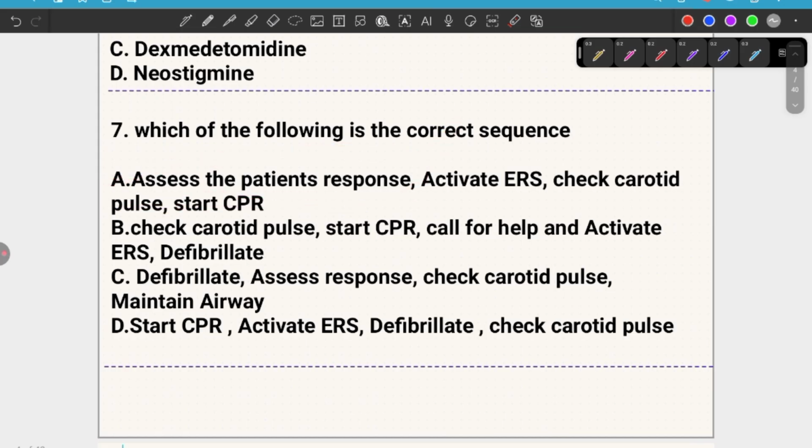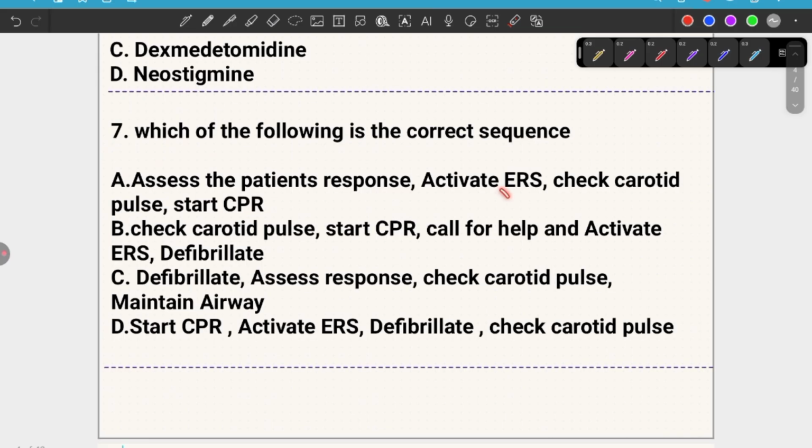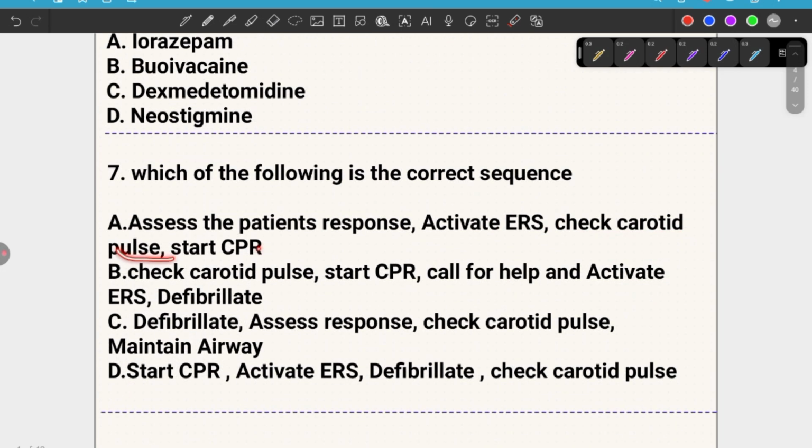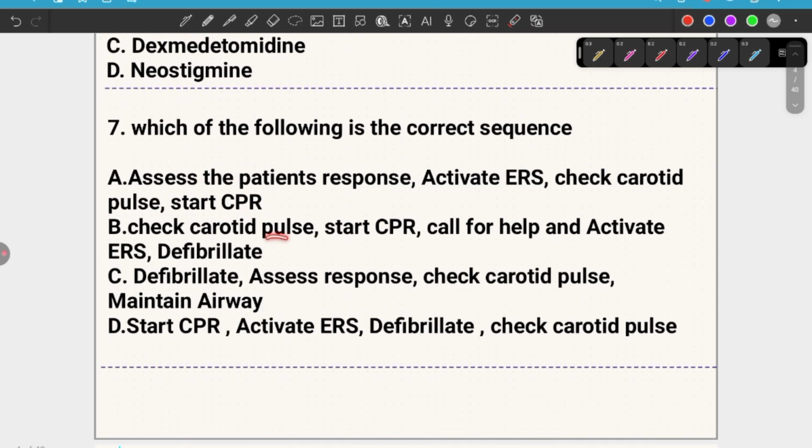Next, activate the emergency response system. Check for carotid pulse. Yes. If absent, then you can start CPR. Yes, correct. Check the carotid pulse. Start CPR. Call for help. No, call for help should be in the first try.